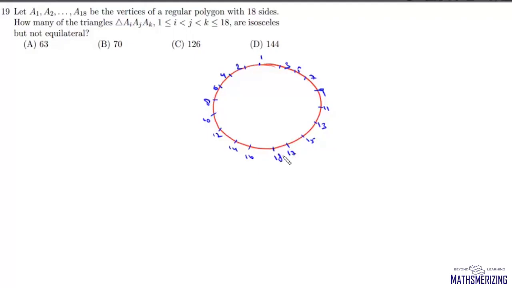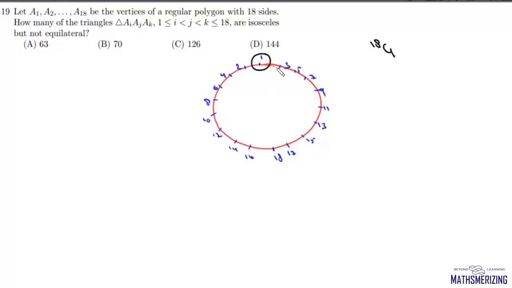Now we need to find how many triangles are possible which are isosceles but not equilateral.